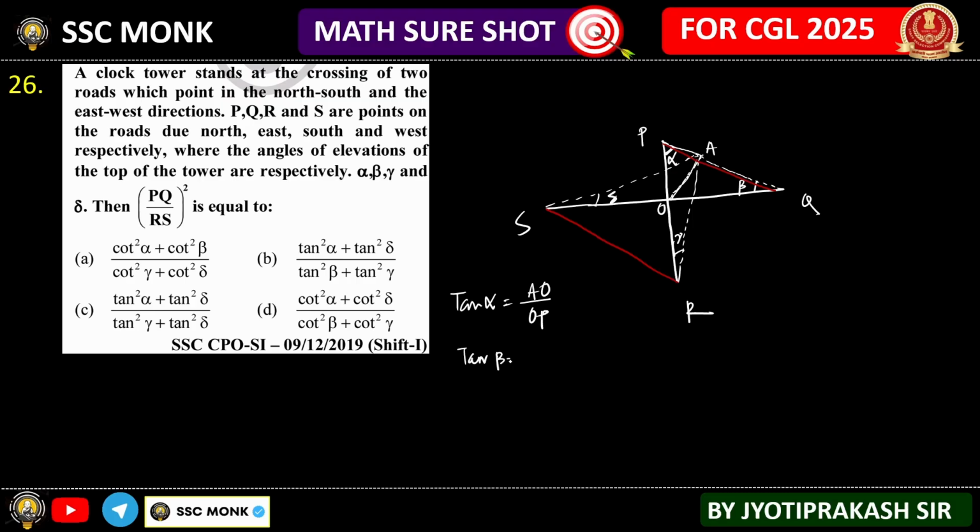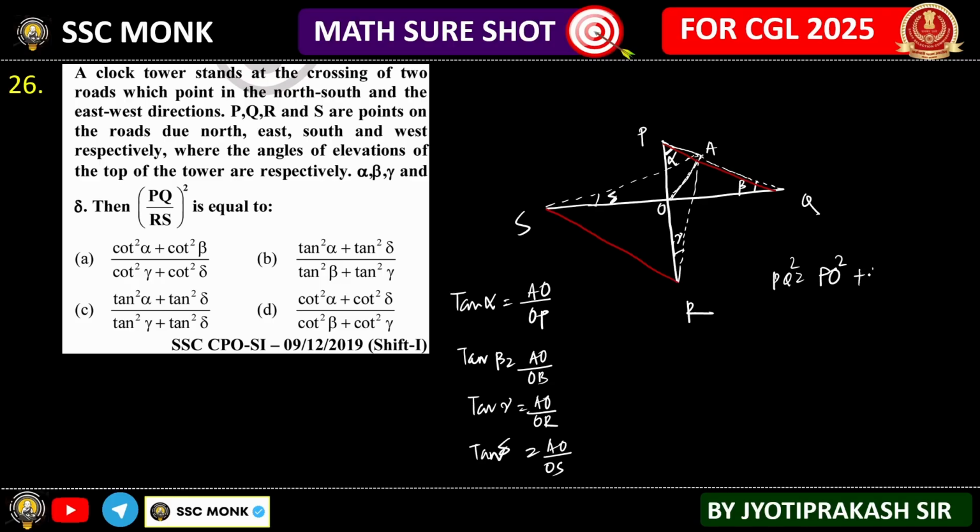Tan beta is equal to AO divided by OQ. Tan gamma is equal to AO divided by OR, and tan delta is equal to AO divided by OS.